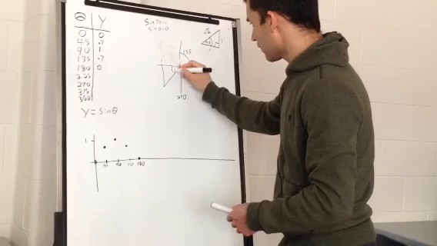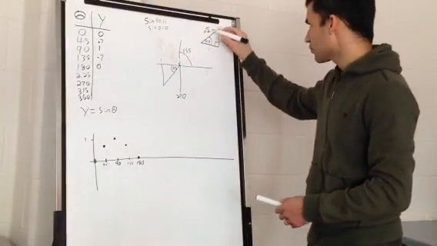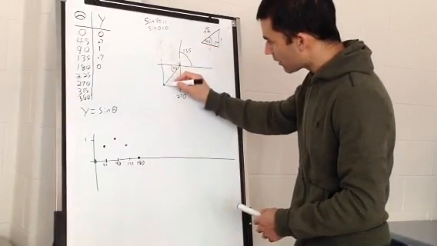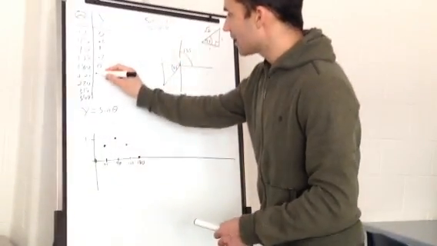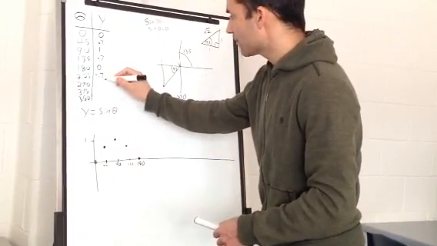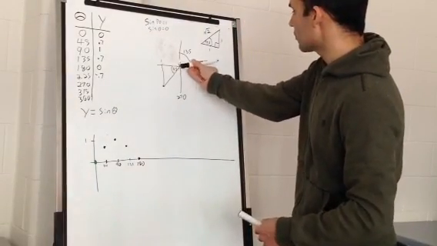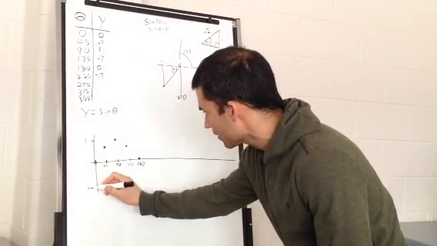So if this is 45 degrees, in our special triangle, the sine would be 1 over root 2, which is again 0.7. But over here, your y value is negative. So that makes that negative 0.7.